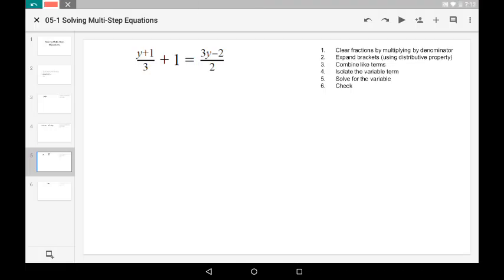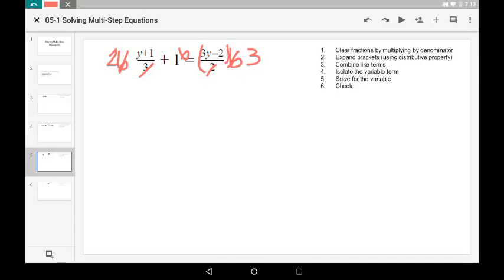Alright, this one, different denominator, so you need to multiply by the lowest common denominator. So that's going to be 6. Multiply all terms by 6. Then we'll divide this. 6 divided by 3 will give us a 2 here. Over here, 6 divided by 2 will give us a 3 that's multiplied by this term.